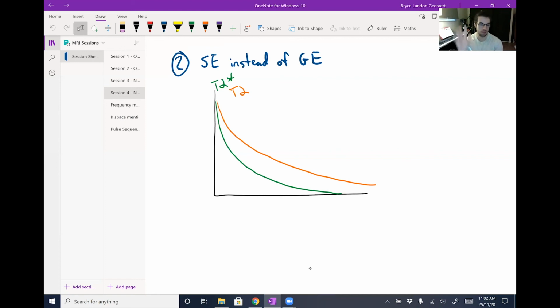So when we tip our NMV, we are measuring the transverse component of the NMV. So if we don't tip it all the way, if we tip it 45 degrees instead of 90, the transverse component of the NMV will be lower, just by definition.